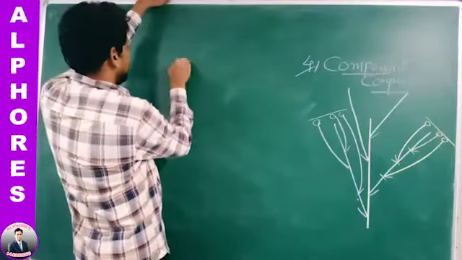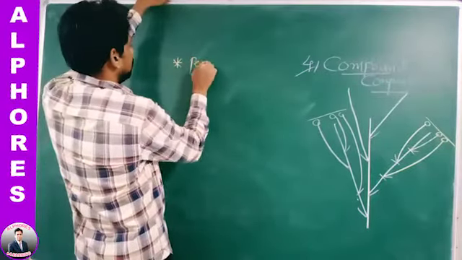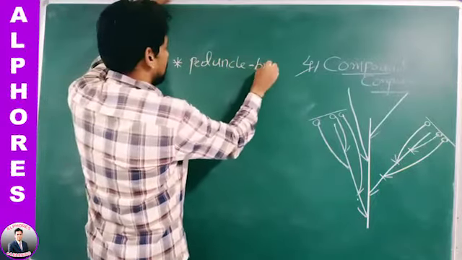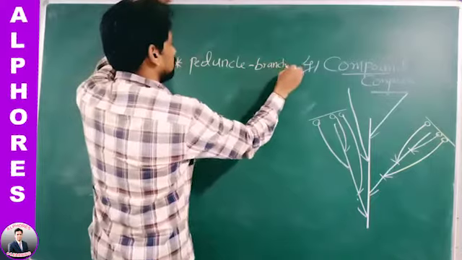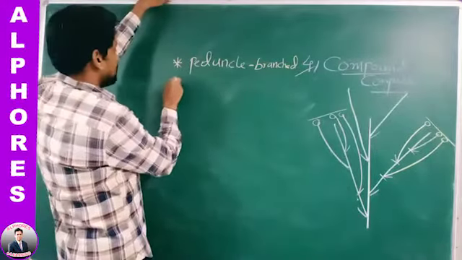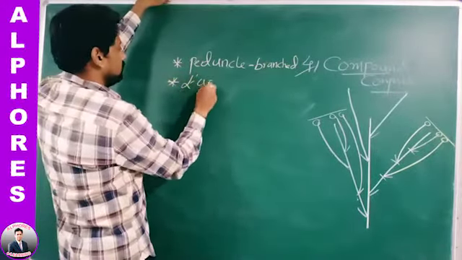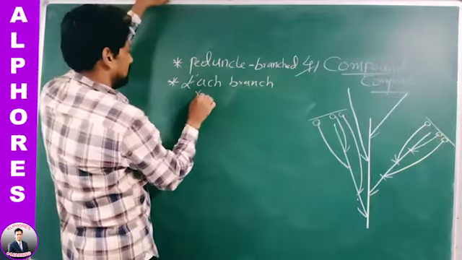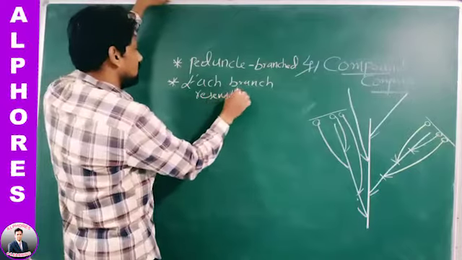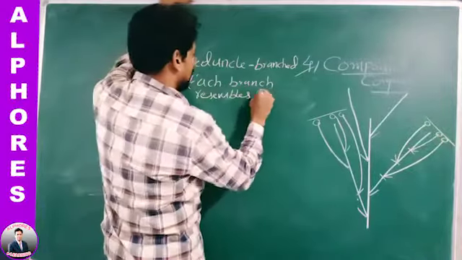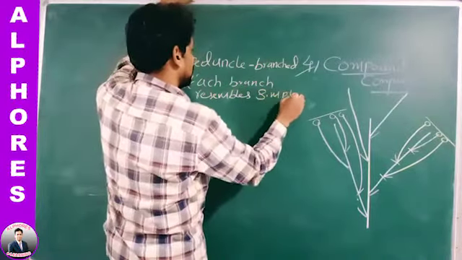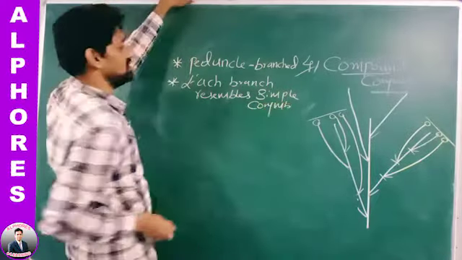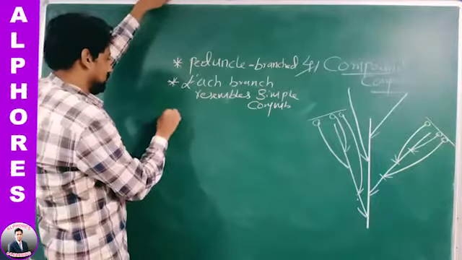What happened here, sir? Peduncle is branched. Each branch resembles a simple corymb.